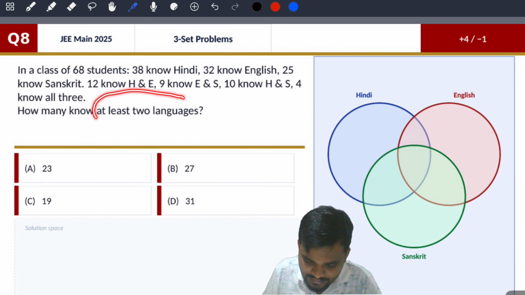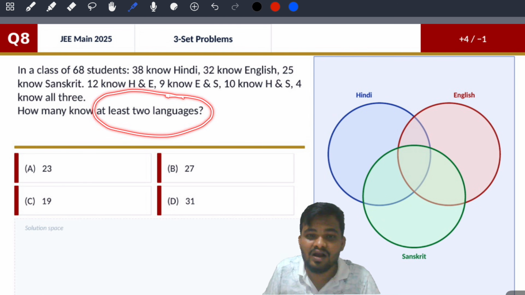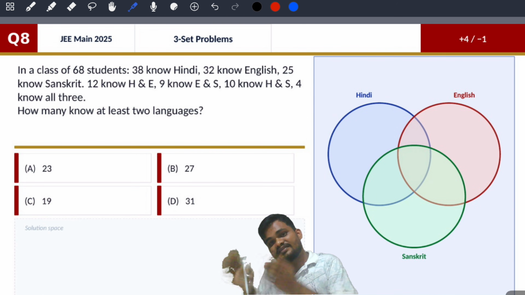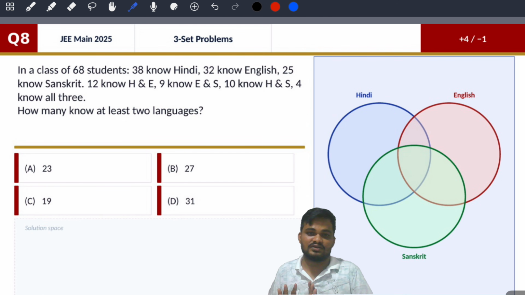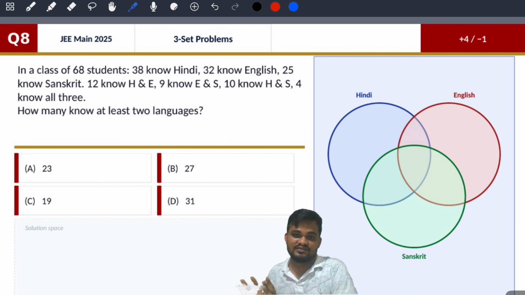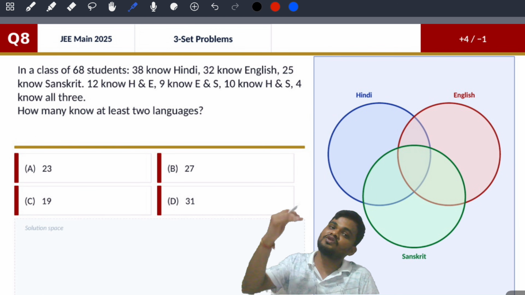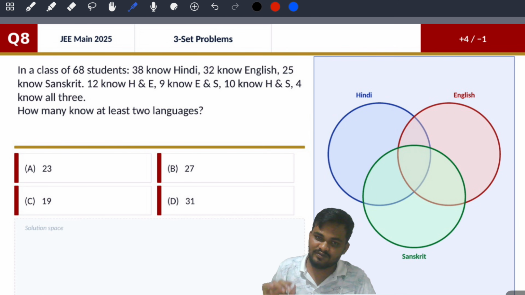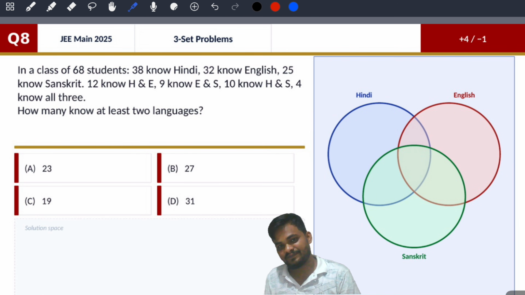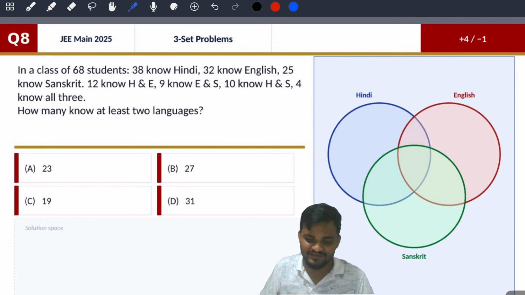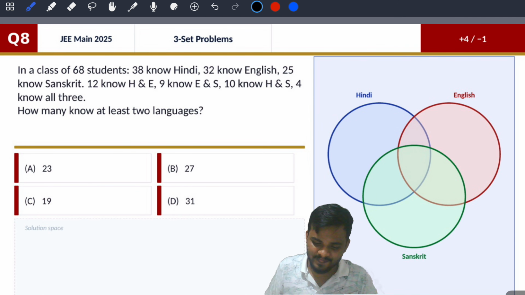So here at least 2 means exactly 2 plus exactly 3 case you have to take. Exactly 2 and exactly 3 case. At least means minimum should be 2 languages, then you have to proceed up to the available languages. That means we need to find what? Exactly 2 and exactly 3. Exactly 1 is not needed here. So in the same way we have to fill the diagram.